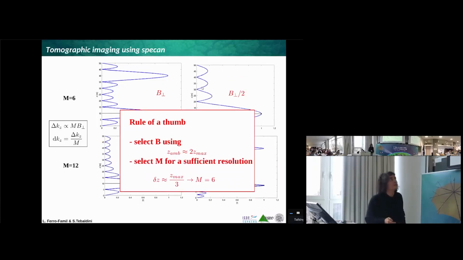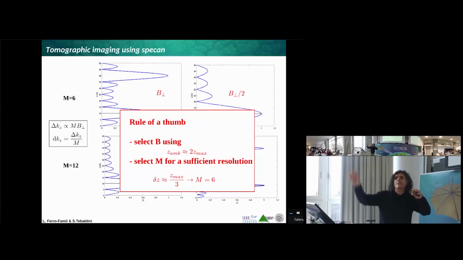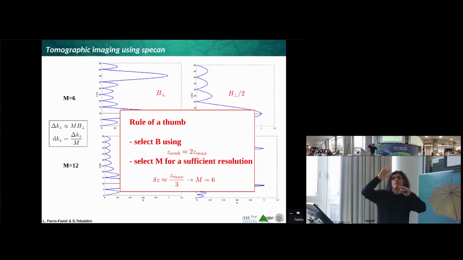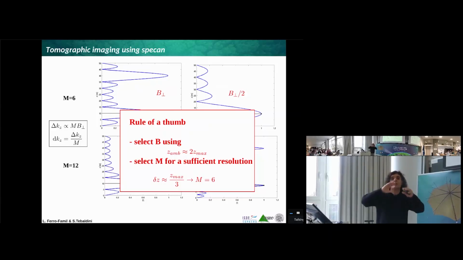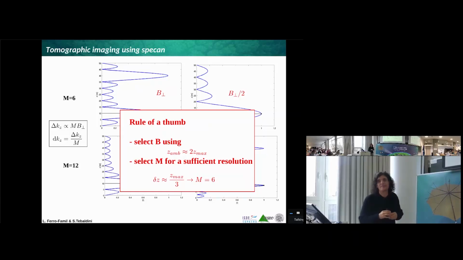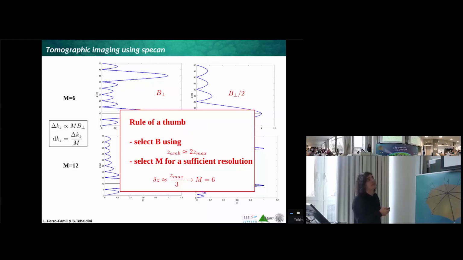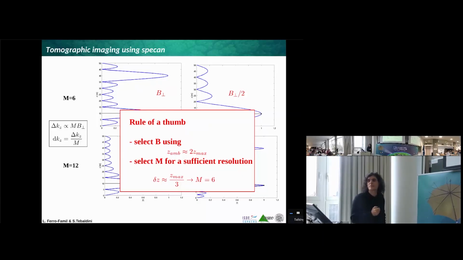In practice, what you don't want to have when you do tomography is an ambiguous response. Otherwise, in this case, you will have tomograms that are superimposed, and you cannot analyze this kind of results. So the rule of thumb is to select the ambiguous height to be 2 or 3 times the maximum height you expect to see in your scene.